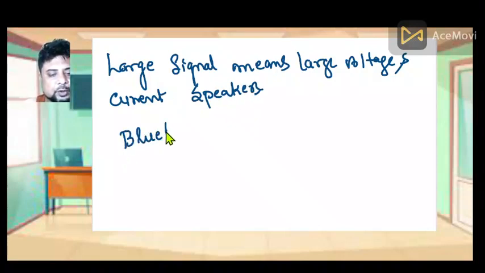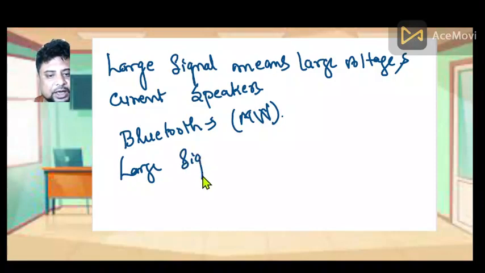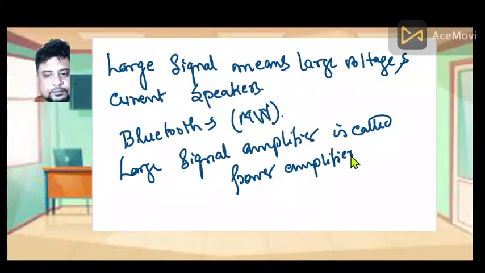A Bluetooth device requires power in milliwatts. So a large signal amplifier is called a power amplifier. This is the basic difference.